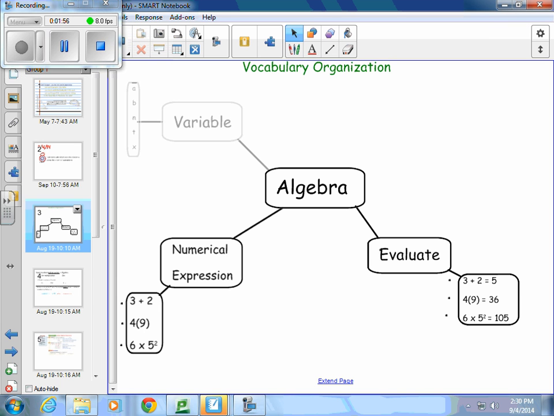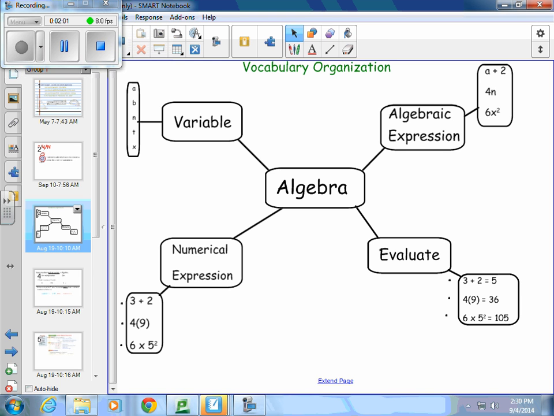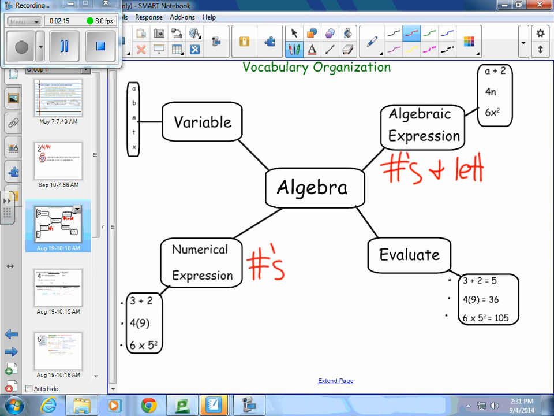Okay? We also have an algebraic expression. So numerical expressions include just numbers. Algebraic expressions have numbers and a letter or letters.